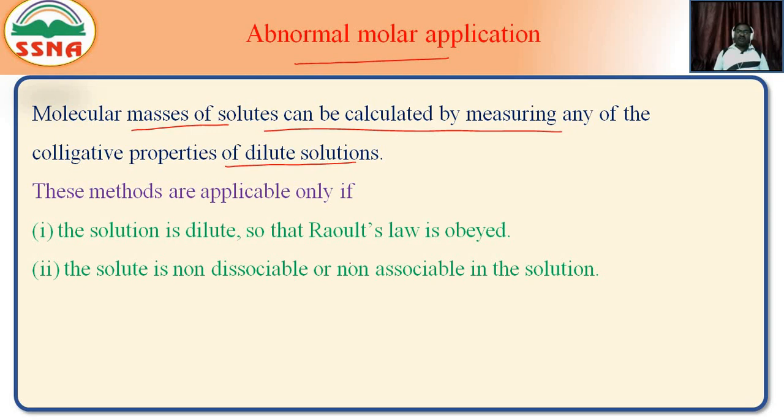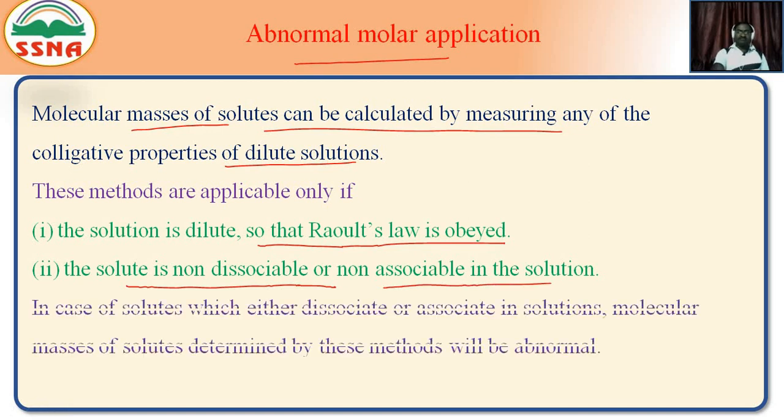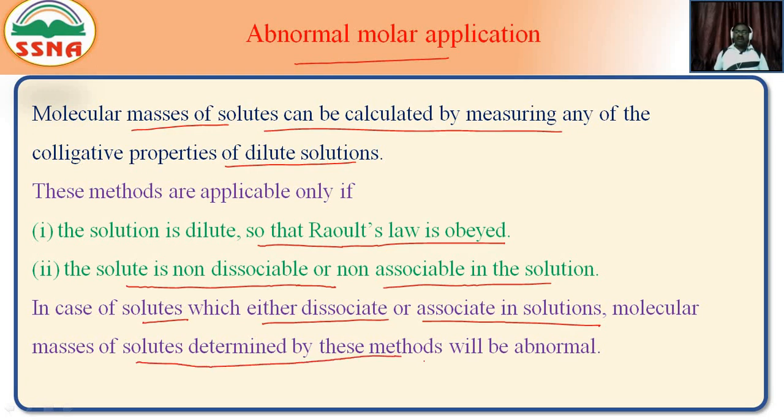These methods are applicable only if the solution is dilute so that Raoult's law is obeyed, and the solute is non-dissociable or non-associable in the solution. In case of a solute which either dissociates or associates in solution, the molecular mass of the solute determined by this method will be abnormal.